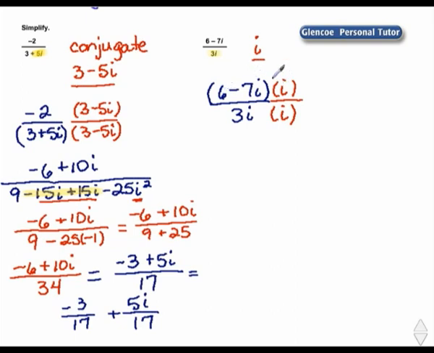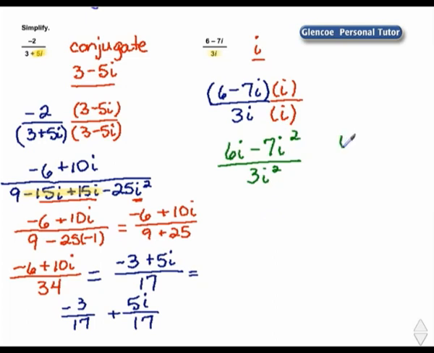So we'll have 6 times i, which gives us 6i. And then we distribute negative 7i times i is going to be negative 7i squared. And now the denominator, 3i times i is 3i squared.